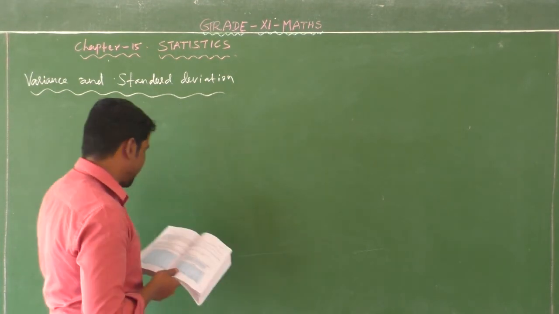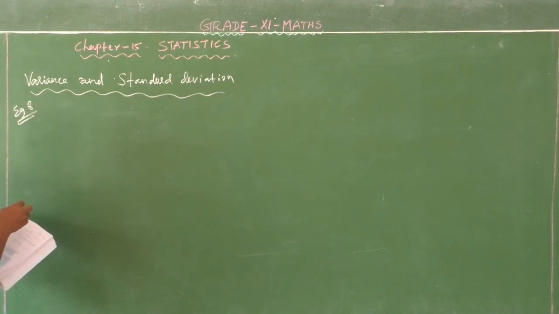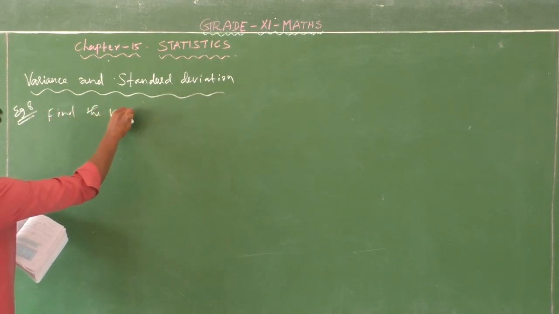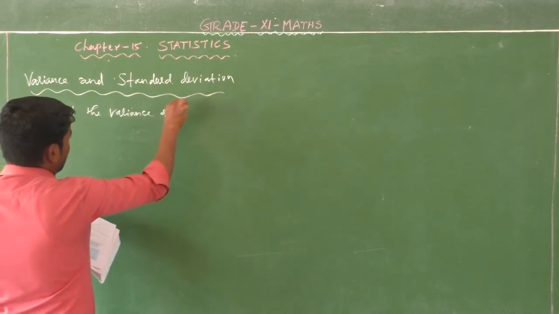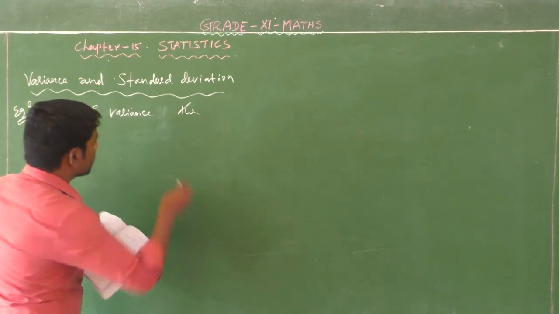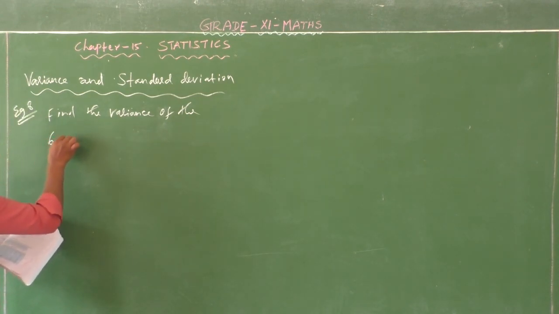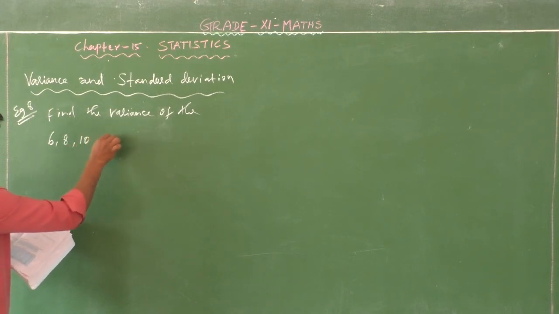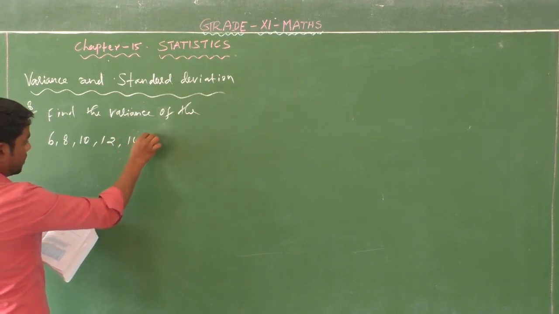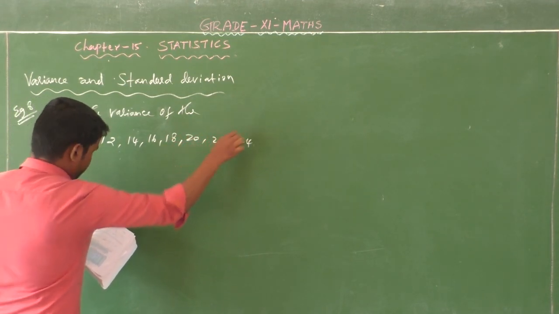Example number 8, page number 364. Find the variance of the following data: 6, 8, 10, 12, 14, 16, 18, 20, 22 and 24.